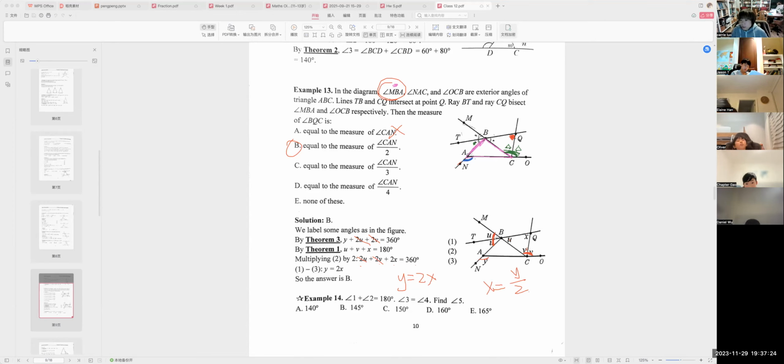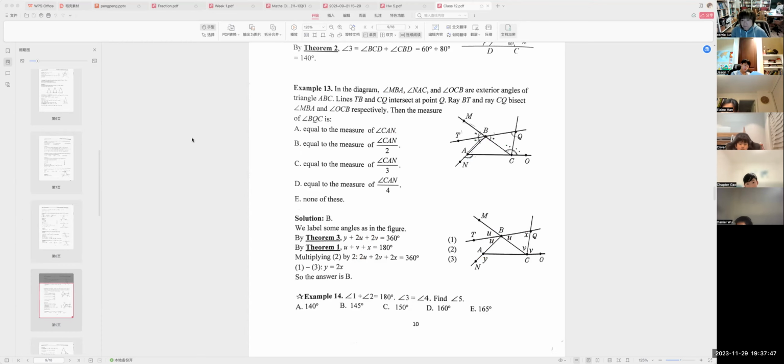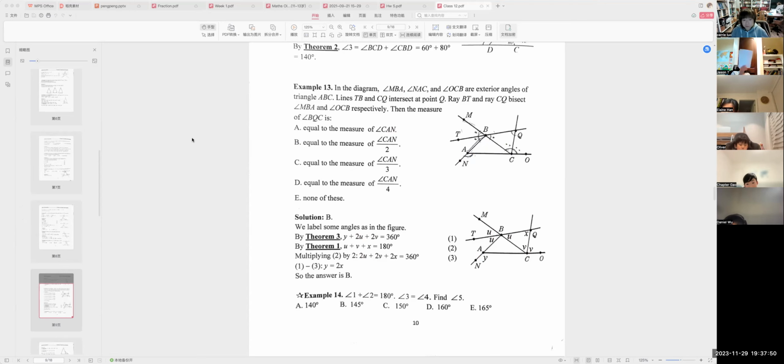But if you take a look at this as a U, as a V, as a Y, it is more straightforward for your brain to accept the measurement of the angle. Chapter understood? Okay, it's just some helpful points. If you don't like it, you want to still use MBA, NAC, angle OCB, it is totally fine. It doesn't matter. Okay, so let's take a look at example 14.